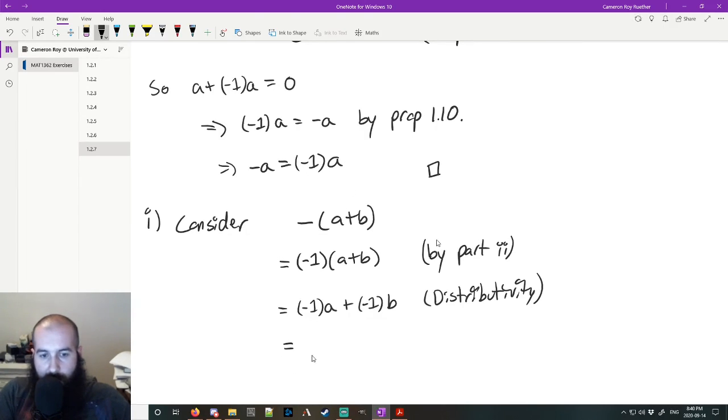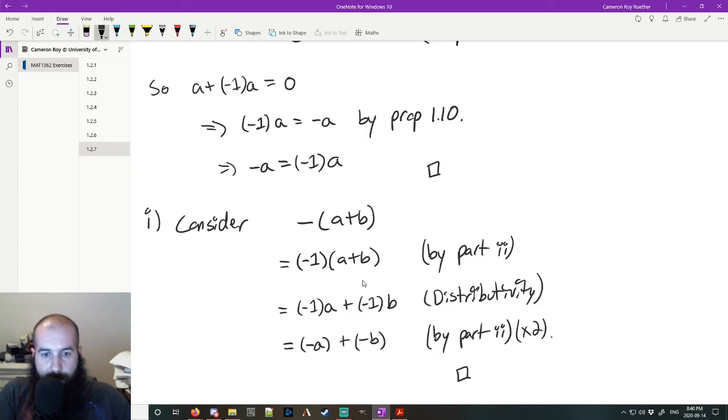So this we can say is equal to the additive inverse of a plus the additive inverse of b. And this is, again, by part 2, which we've applied twice. So we've started at the left-hand side, and we ended at the right-hand side. So that's a proof of part 1.